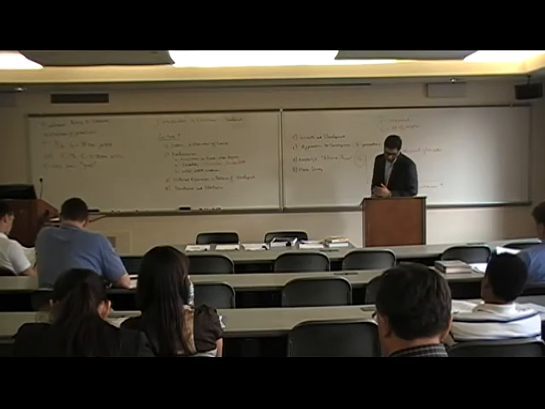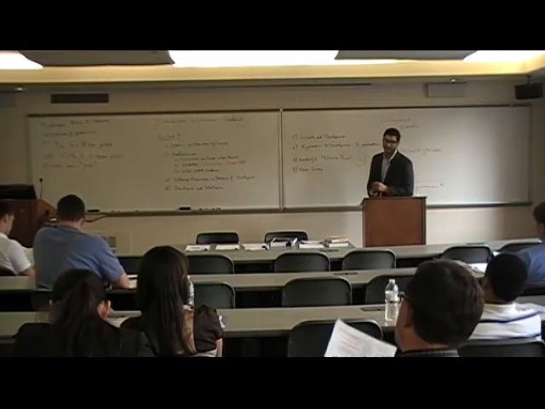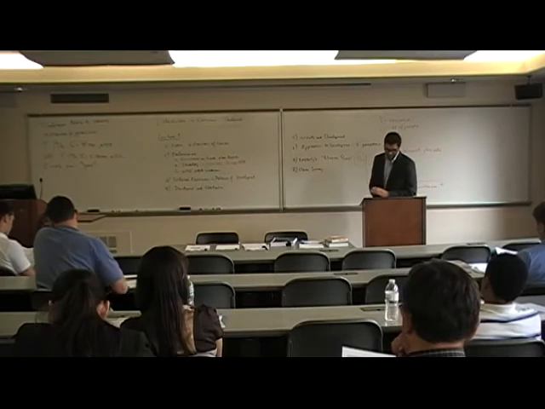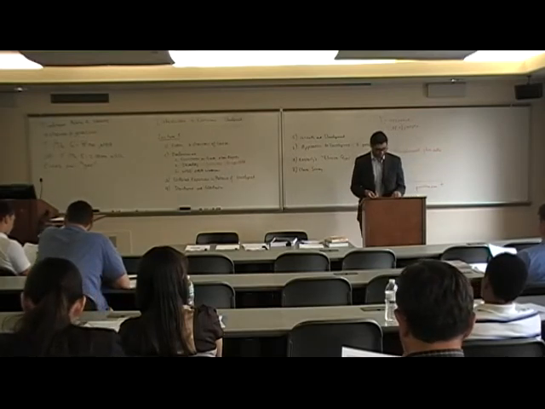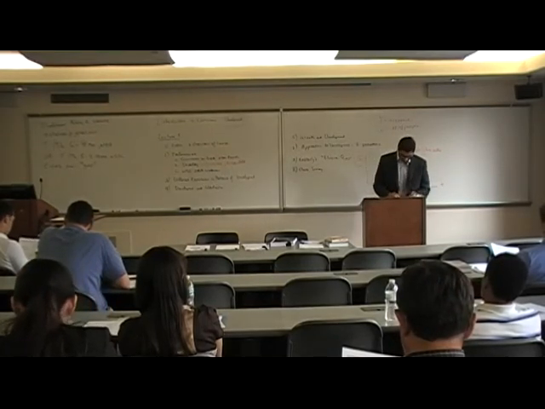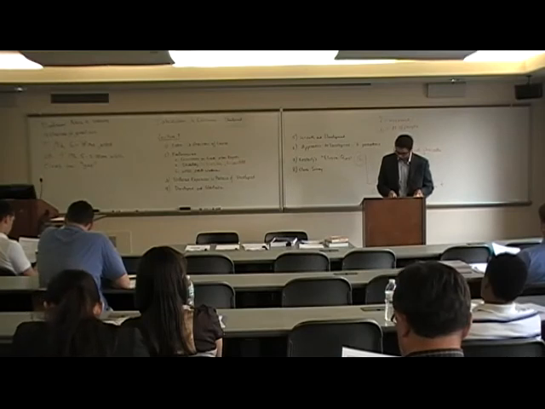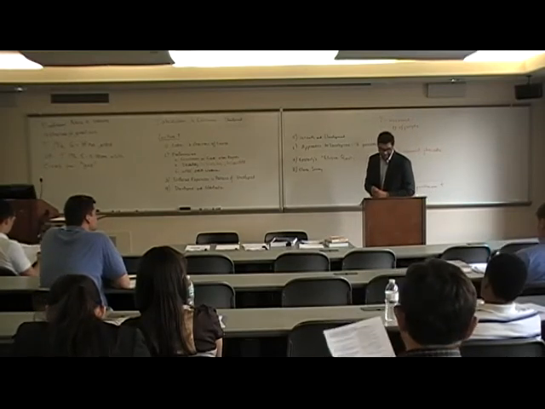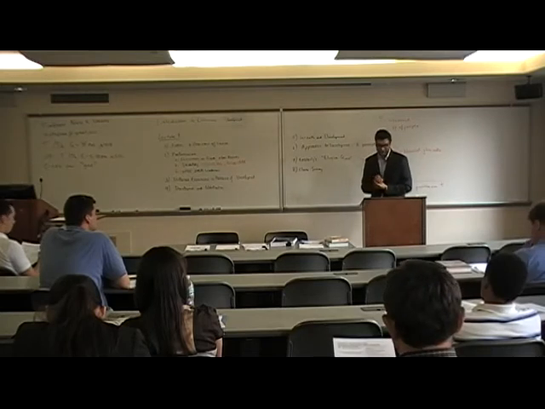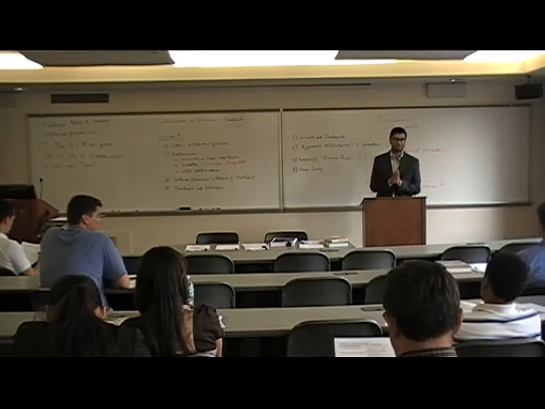Finally, they talked about ensuring environmental sustainability and developing a global partnership for development. Now, these sound like fairly lofty goals, and as we'll see over the course of this class, there are many, many different potential hiccups to achieving these particular goals.